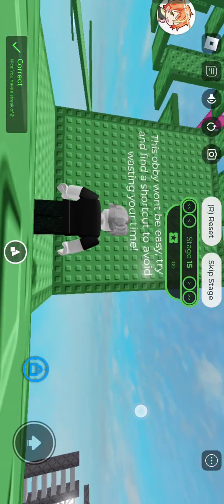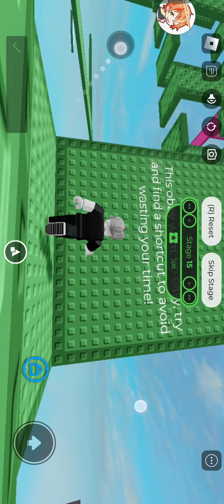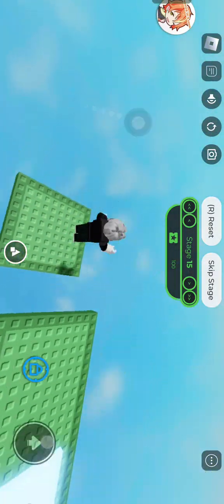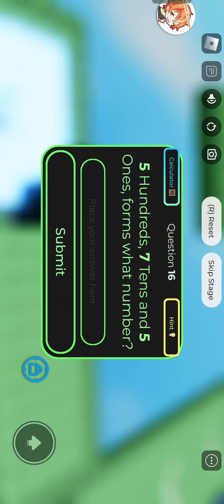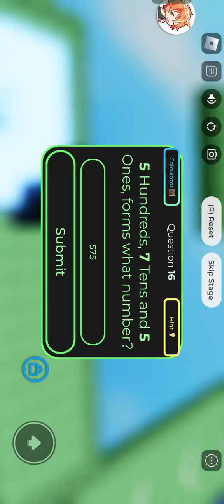Okay. This OB would be easy. Try and find a shortcut to avoid wasting your time. Okay, 16. 5 hundreds and 7 tens and 7 ones. 575.